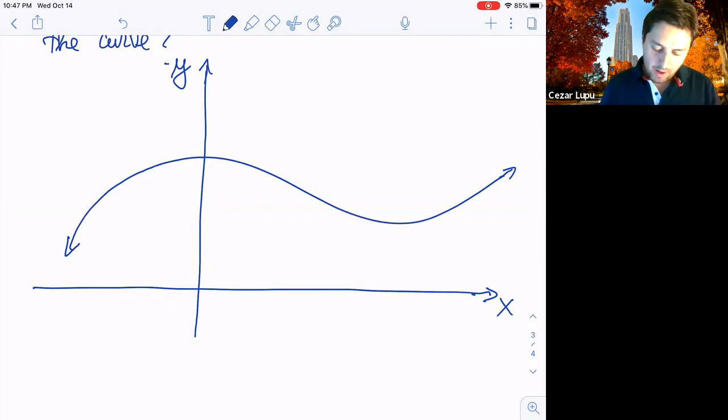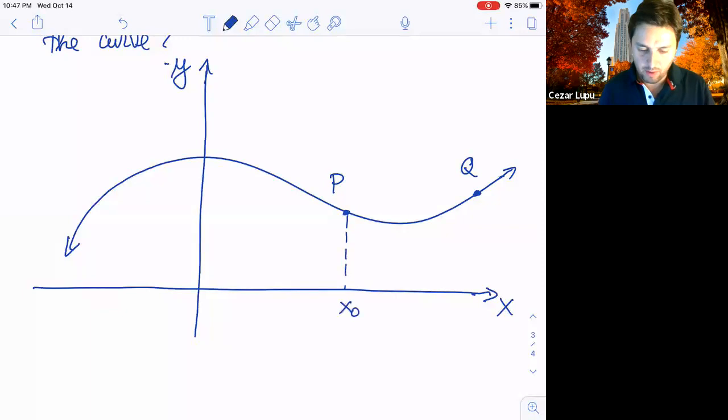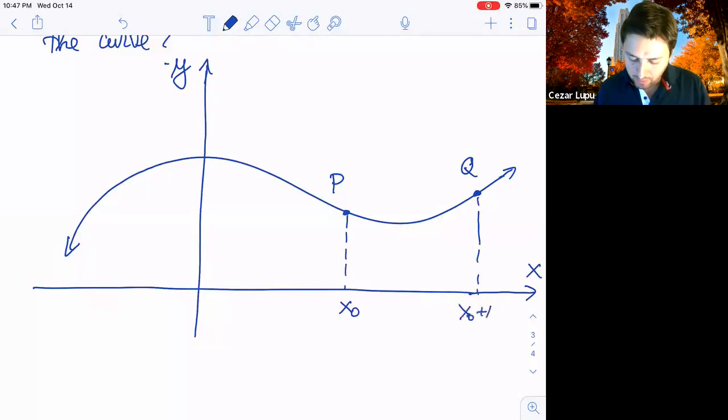Okay, and now what we would like to do, we'll have P and Q. Let's say we have 2 points here. So let's say we have here x0, and here this is x0 plus some difference, delta x, we'll denote this.